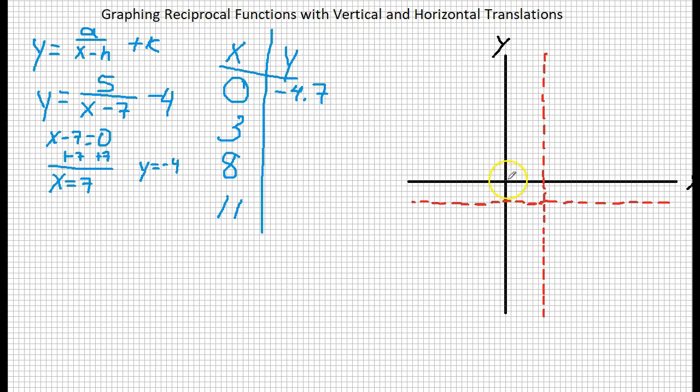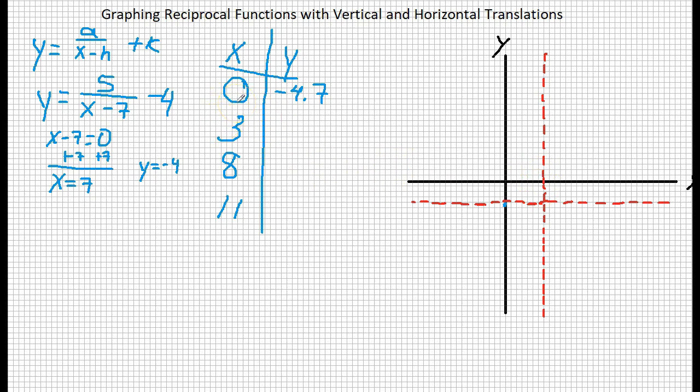So if I go left to right, 0 here, I go down 1, 2, 3, 4.7. You notice it's just a little bit below that asymptote. So that's where it's hugging.